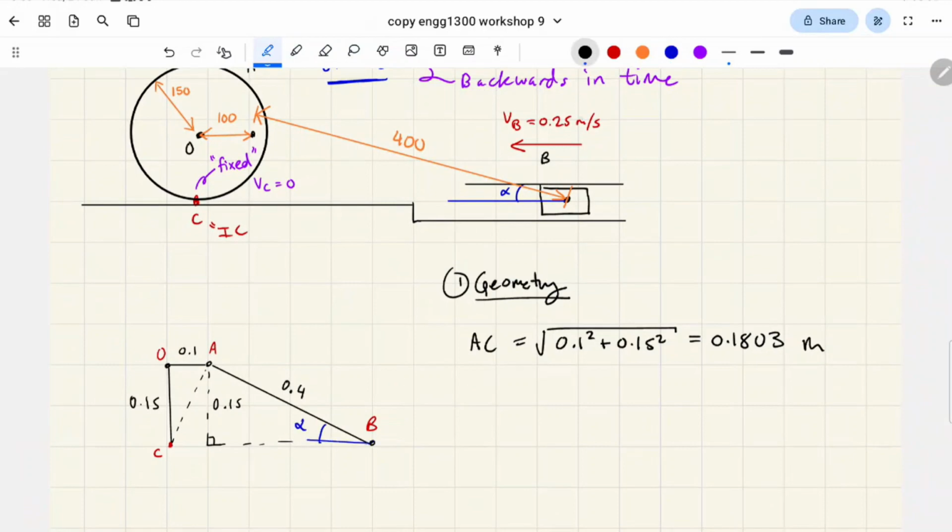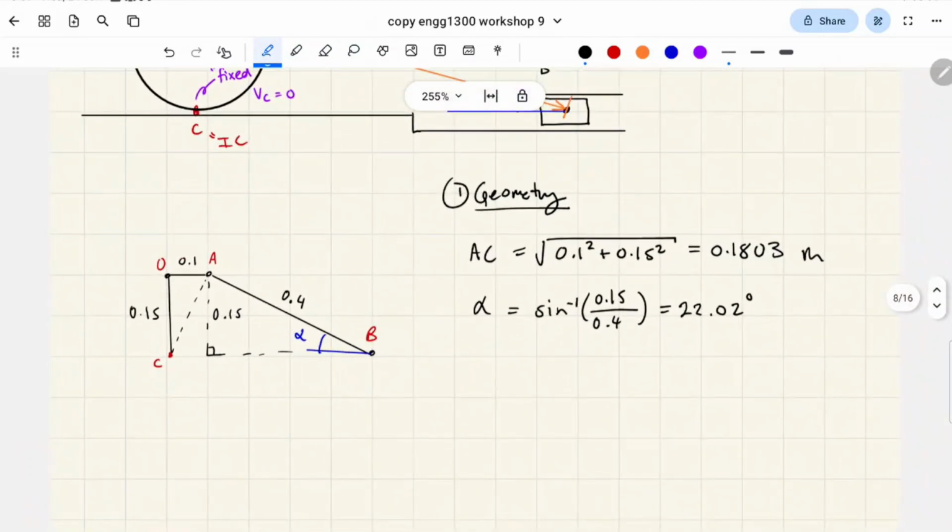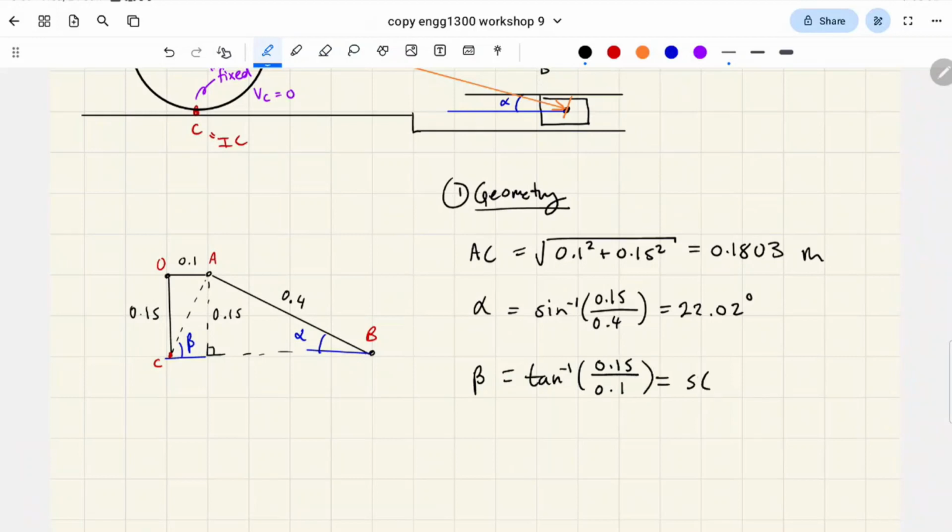And you'd find this one, let's call this angle beta, from the rise over run here.